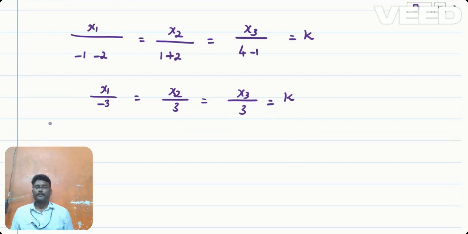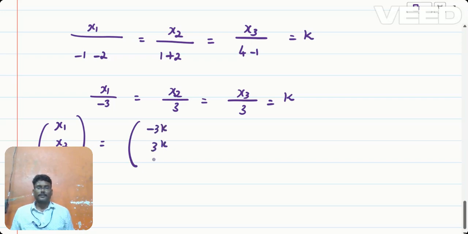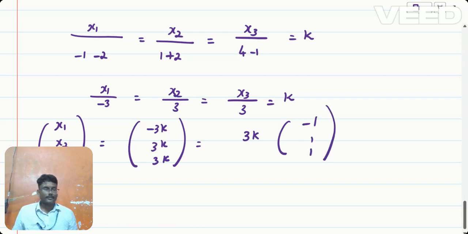So we get x1, x2, x3 is equal to minus 3k, 3k, 3k. Which is equal, if we take the 3k common out, to minus 1, 1 and 1.